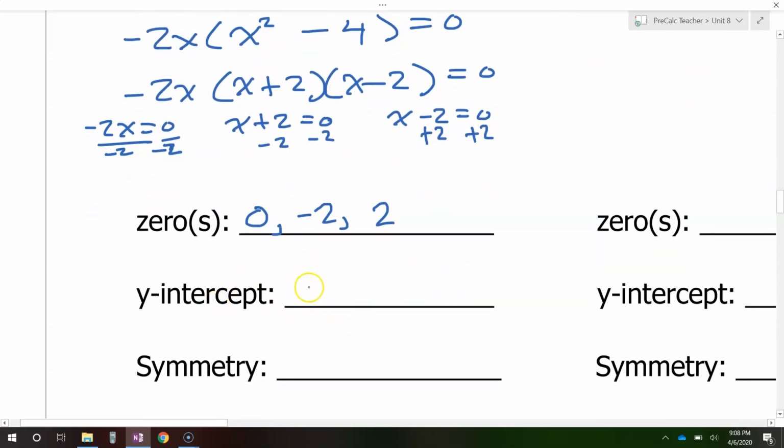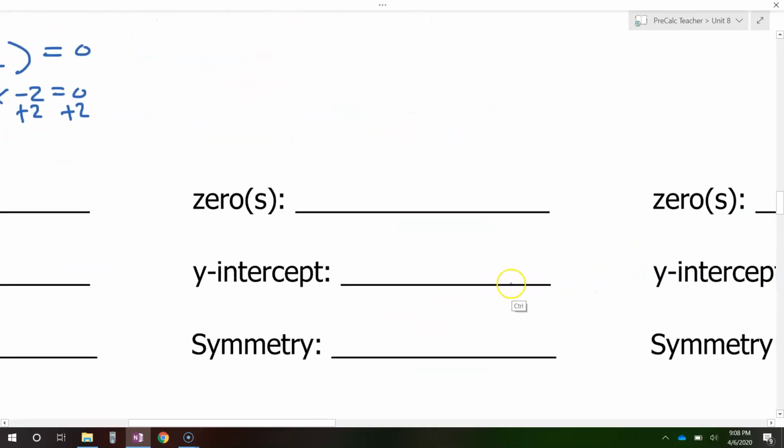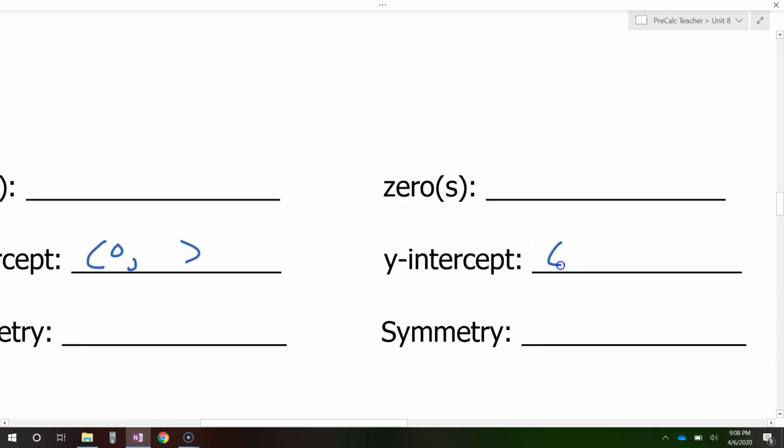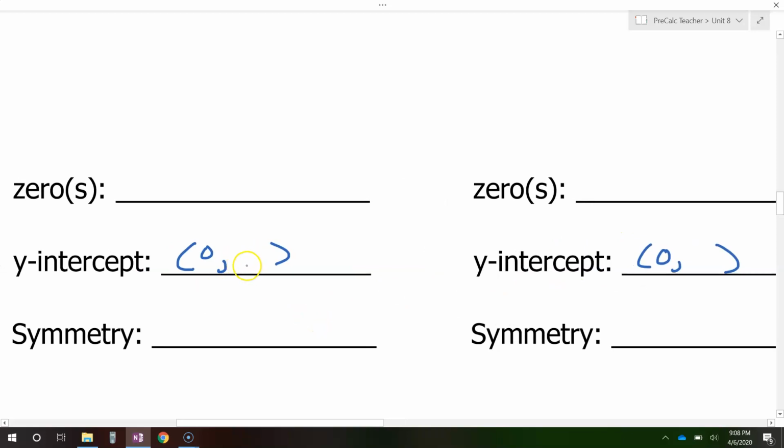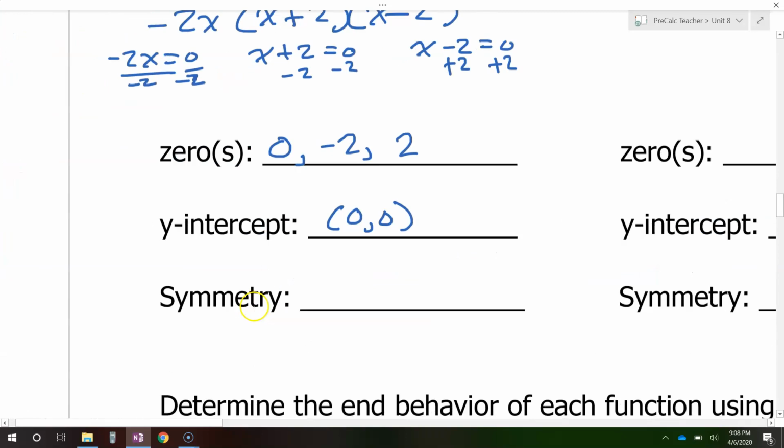But this is an intercept, so I'm going to put this as an ordered pair, not just a number. So zeros are just numbers, but intercepts are ordered pairs. So it's (0, 0). Please understand a y-intercept is always going to be (0, something). So all we're doing is finding the y value when x is 0.